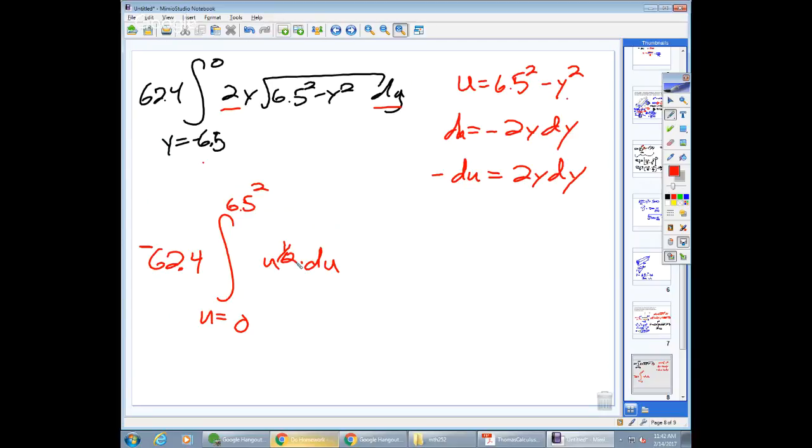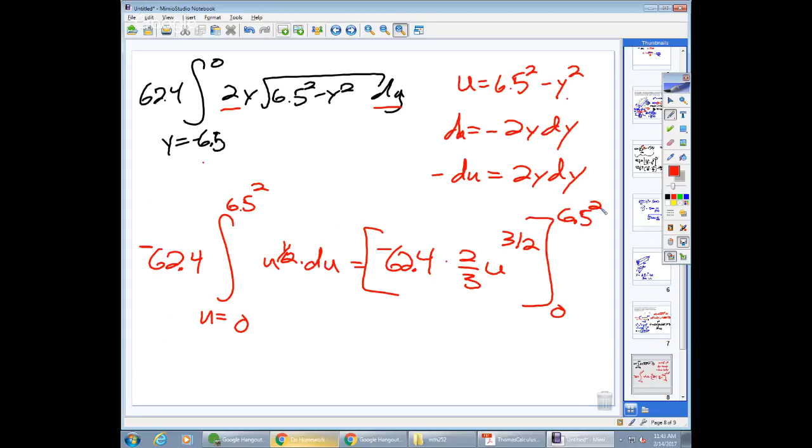So what's an antiderivative for u to the 1/2? It's going to be 2/3 u to the 3/2 as we go from 0 to 6.5 squared.